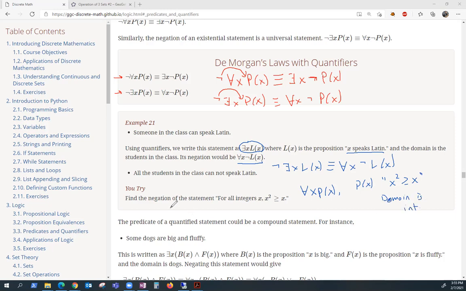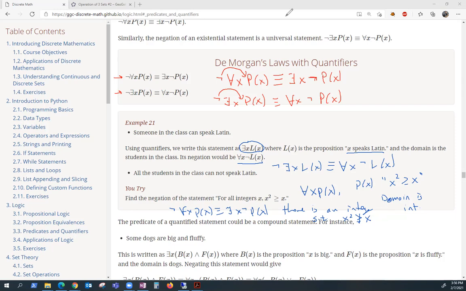If I'm going to negate for all x, p of x, that's equivalent to saying there exists an x such that not p of x. In English, that would be there is an integer such that x squared is not greater than or equal to x. And then you can rewrite that one more time and say such that x squared is less than x. That's how you would do that example.